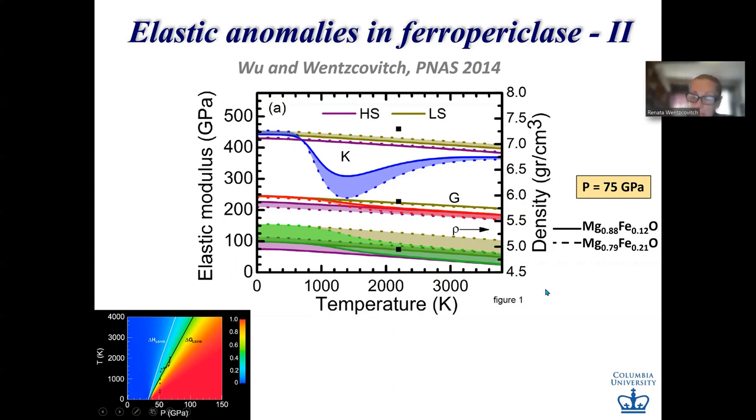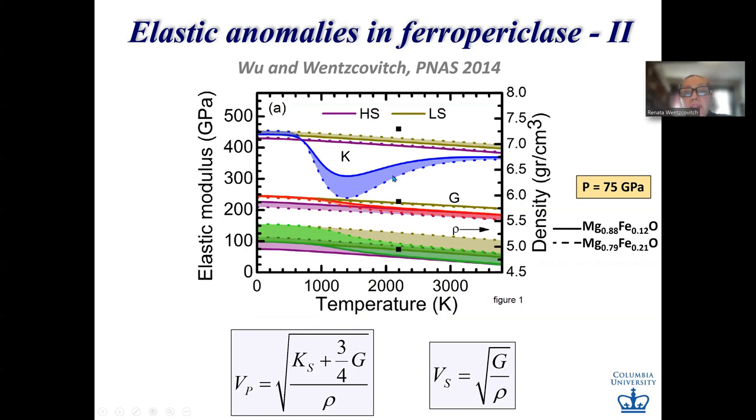So suppose, as I showed, that plume is rising from the core mantle boundary through the lower mantle. You have a certain temperature at a certain point, and then you move laterally a couple of kilometers and the temperature is higher. So what happens with the bulk modulus? If you increase the temperature, the bulk modulus will increase and the shear modulus will decrease.